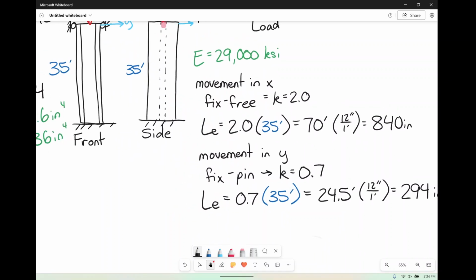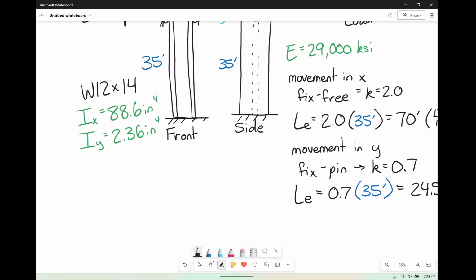So we have our two different L's and our equation. Remember P critical here. If we're going to do the x direction, it's pi squared times E, times I. Again, this is going to be I in the y-axis if it's moving in the x direction, divided by LE for the x direction squared.